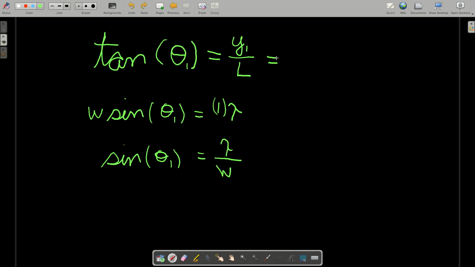We also know, this is from trigonometry, tangent of theta is equal to sine of theta over cosine of theta. And because theta is really, really small, we can say that cosine of theta is really, really close to 1.